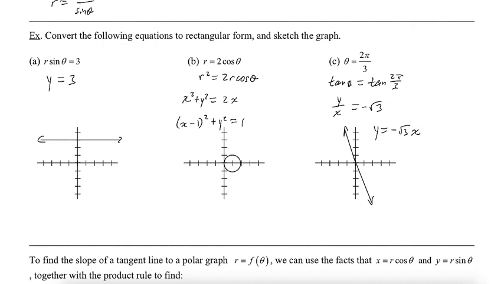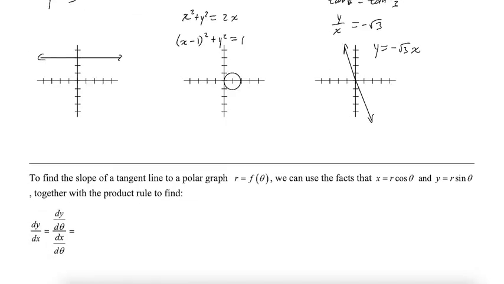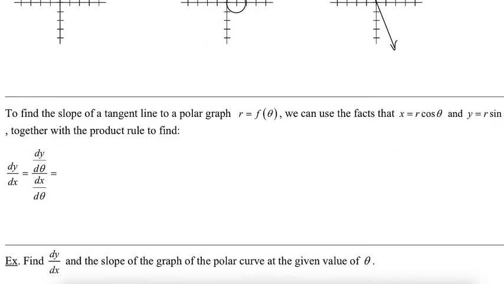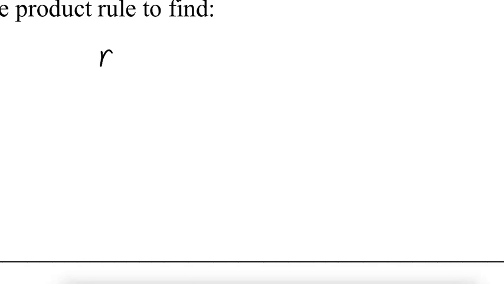Okay, so this is all good and all, but what are we going to be doing with calculus with this? Because we've just been doing a bunch of converting things. I'm just trying to help you understand things. But what I want to do next is take the derivatives of things. So let me do x. Say I wanted to take the derivative of x with respect to theta.